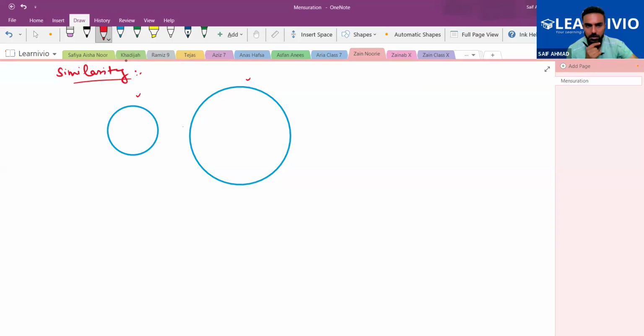Then what is the difference between these two? They have different radius, different circumference, and different areas. One is small and one is big. We can say that the radius or the diameters are different. But when I watch this, they look similar.